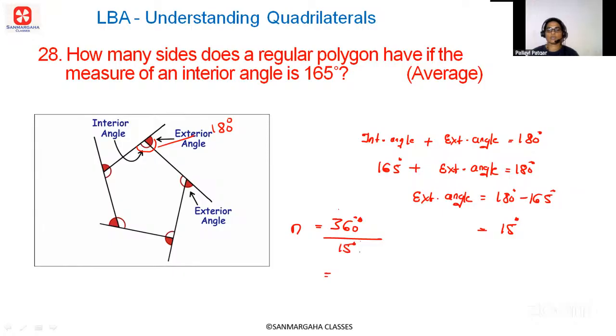Okay, so 5 3s are 15. So 5 7s are 35. So here 10, 5 2s are 10. Okay, so 3 1s are 3. So here 3 2s are 6, 3 4s are 12. So n is equal to 24.